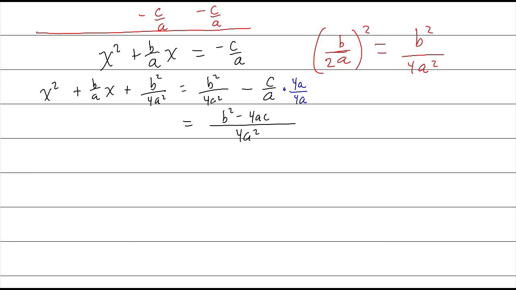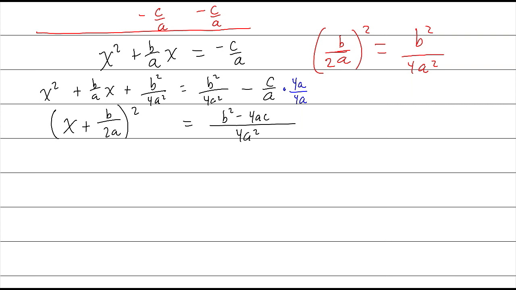On the left side, remember, we added this thing to both sides so that it would factor in a particular way. And it does, x plus whatever I got here, b over 2a. So x plus b over 2a squared equals b squared minus 4ac over 4a squared.